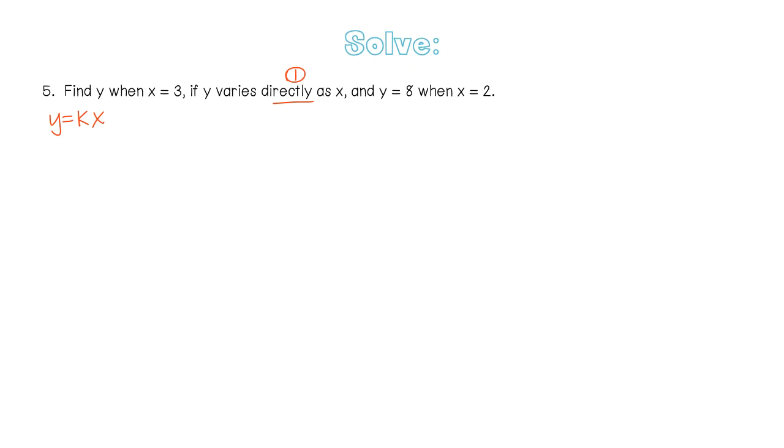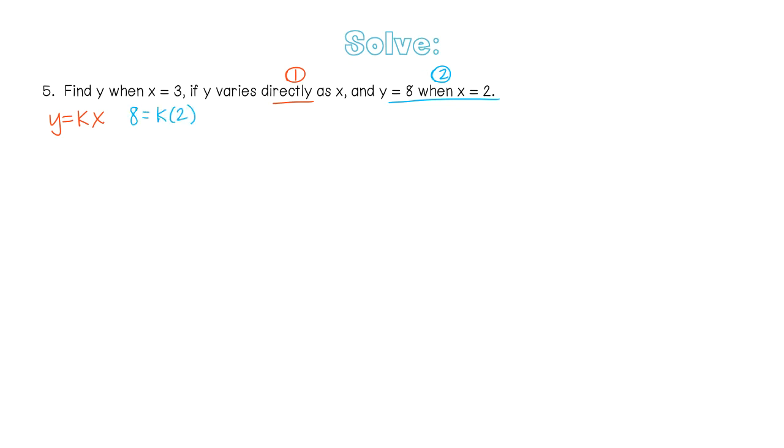Second step is to find the part of the question that has the most information. Okay, so I have find y when x is -6, but I also have y is 8 when x is 2. Well, that's the most information. I know both y and x. I'm going to plug that into my equation that I just wrote down in red.